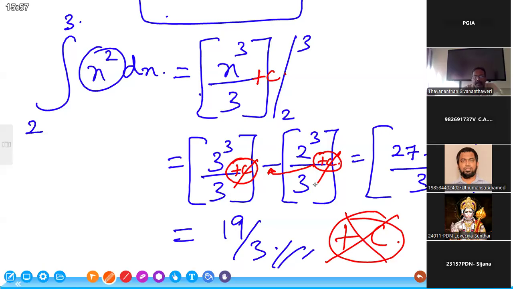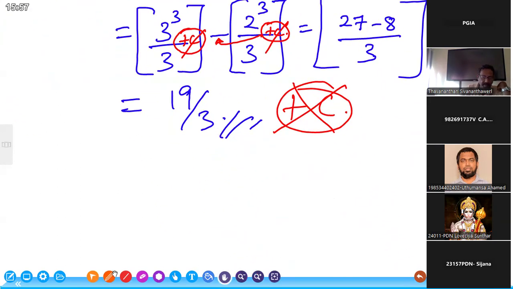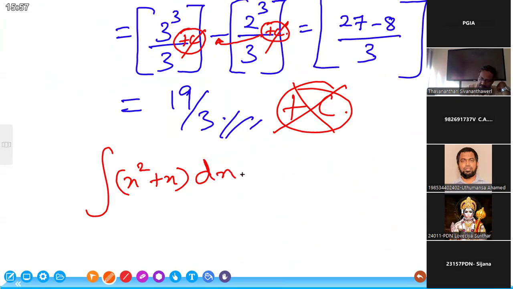So that C is not coming into consideration. That is why it's called definite integrals. You have the actual values. Clear to everyone? Right. Now we are going to play with a couple of definite integrals. Try this. Integration of x square plus x dx, from 2 to 3. Find out the answer.